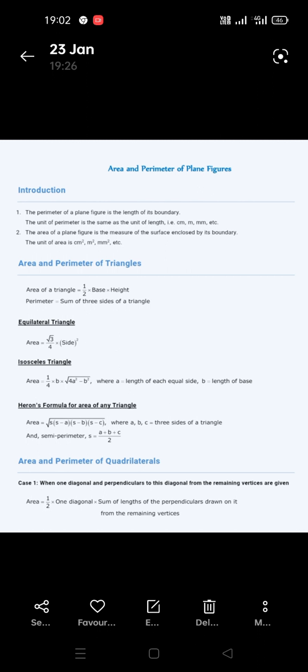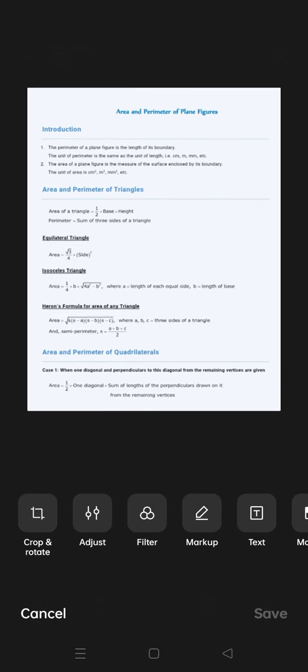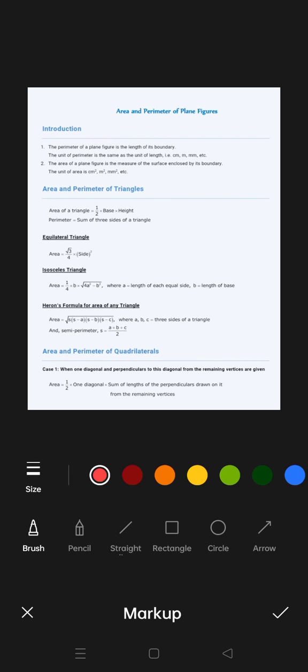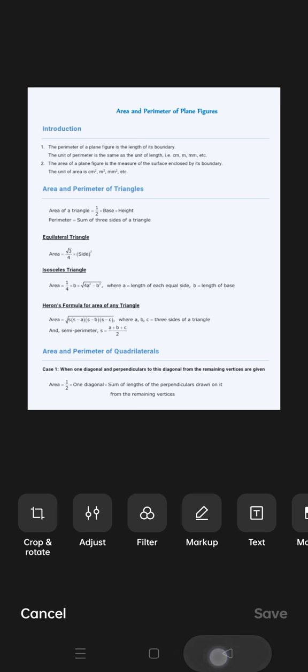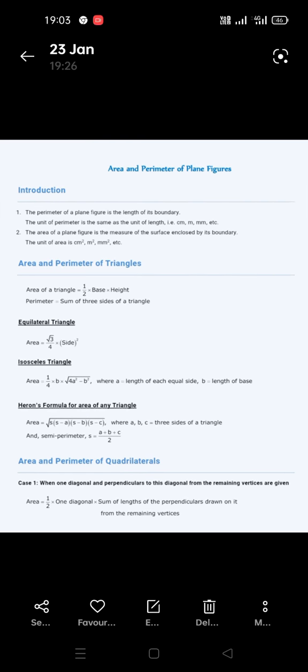The area of the quadrilateral is equal to 1 upon 2 multiplied by the diagonal, multiplied by the sum of the lengths of the perpendiculars drawn on it from the remaining vertices. This will be the area.